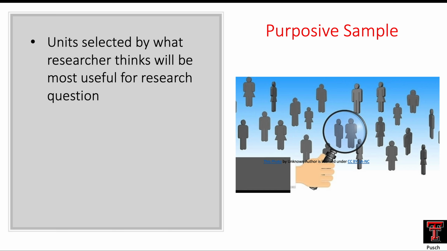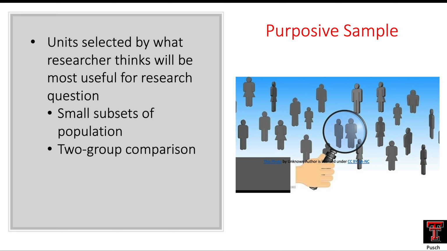Say we're doing Texas Tech students, maybe the research question is particularly interested in biology students and psychology students, for example. So here we might make it a requirement that the person that's part of the sample is taking those courses.